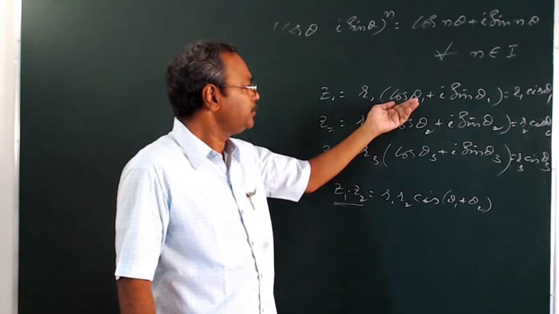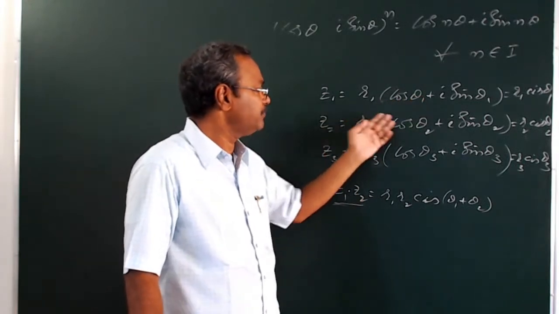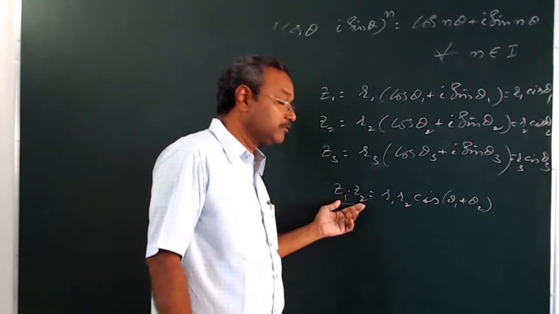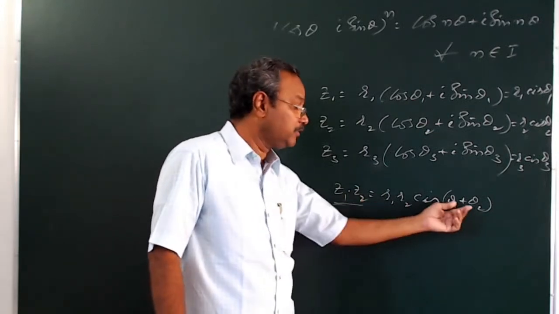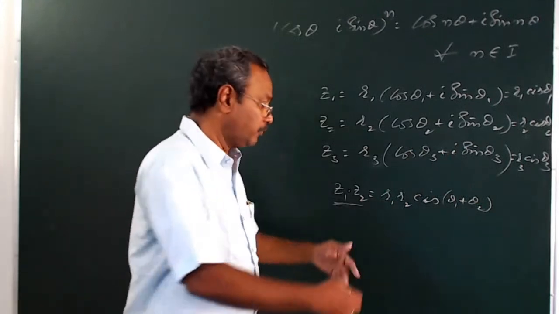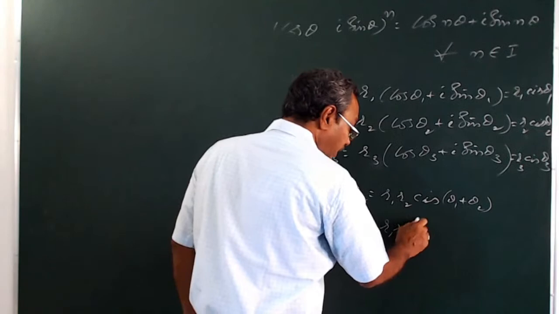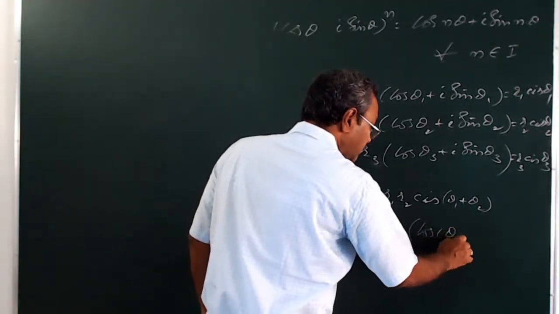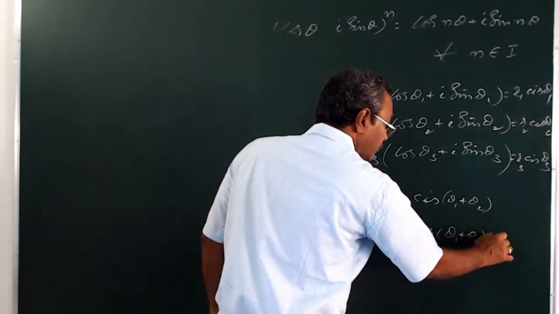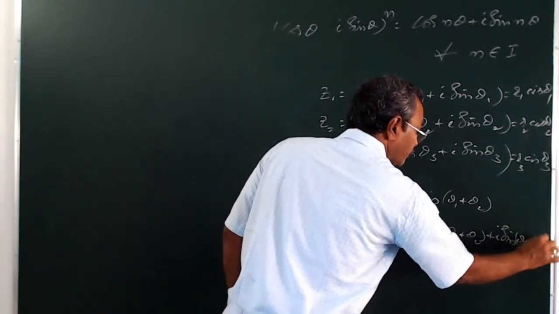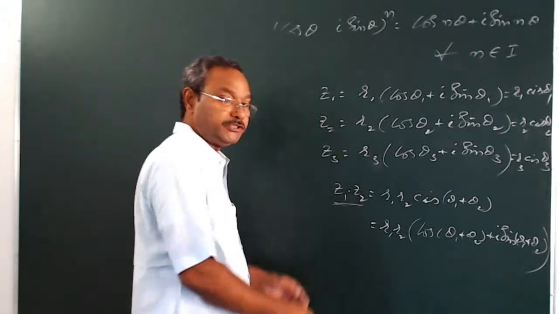And what is the amplitude of the first one, theta 1? Amplitude of the second one, theta 2. You can see that the amplitude of the product Z1 Z2 is theta 1 plus theta 2. So, in the elaborate form, this is R1 into R2 into cos of (theta 1 plus theta 2) plus i sin (theta 1 plus theta 2). This is our Z1 Z2.